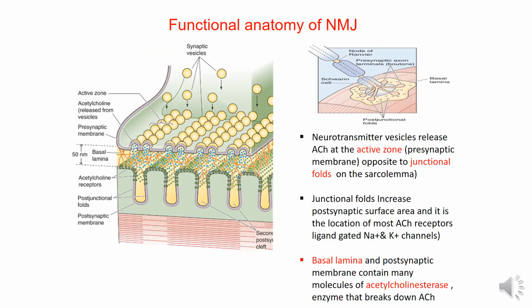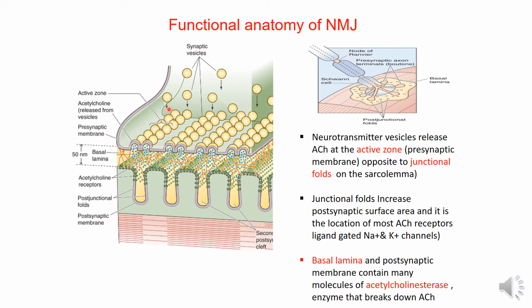Functional anatomy of the neuromuscular junction. If we look at the neuromuscular junction, neurotransmitter vesicles release acetylcholine at a point called the active zone. The active zone is a part of the presynaptic membrane opposite to the junctional folds of the sarcolemma.